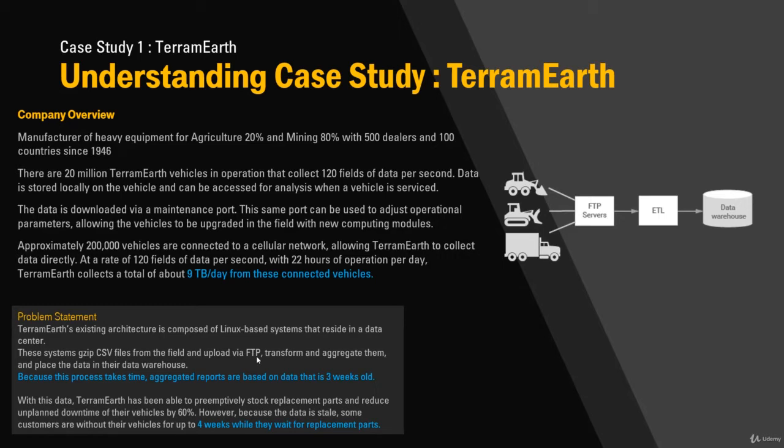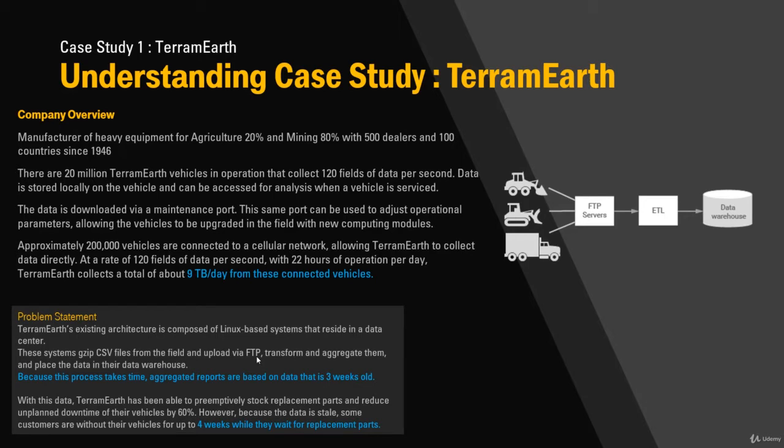Because this process takes time, aggregation reports are based on data which is 3 weeks old. So the data is almost stale, right? With that data, TerramEarth has been able to preemptively stock replacement parts and reduce unplanned downtime for around 60% of the vehicles. So they are able to fix the vehicle very quickly based on that data.